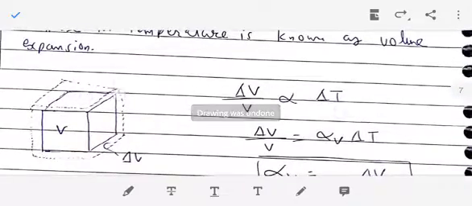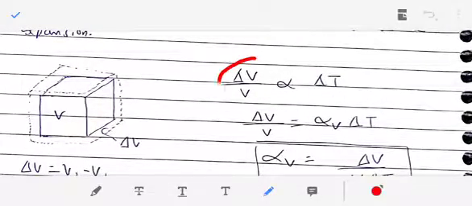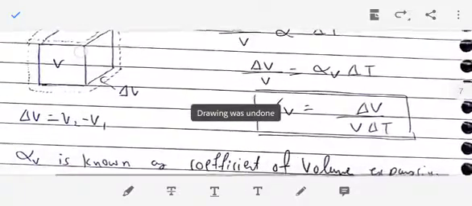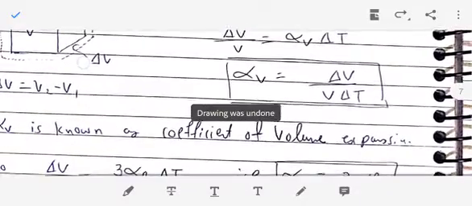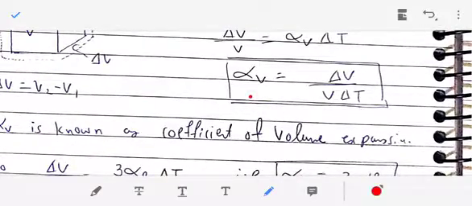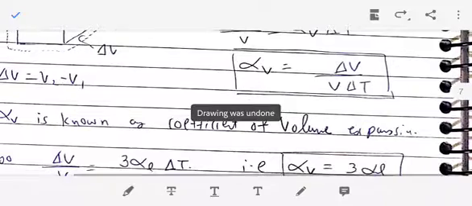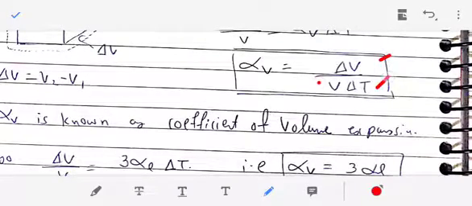Here again delta V by V is proportional to delta T, so delta V by V is equal to alpha V times delta T, and again alpha V is the coefficient of volume expansion. So alpha V will be equal to delta V upon V delta T, again change in volume upon original volume multiplied by change in temperature.